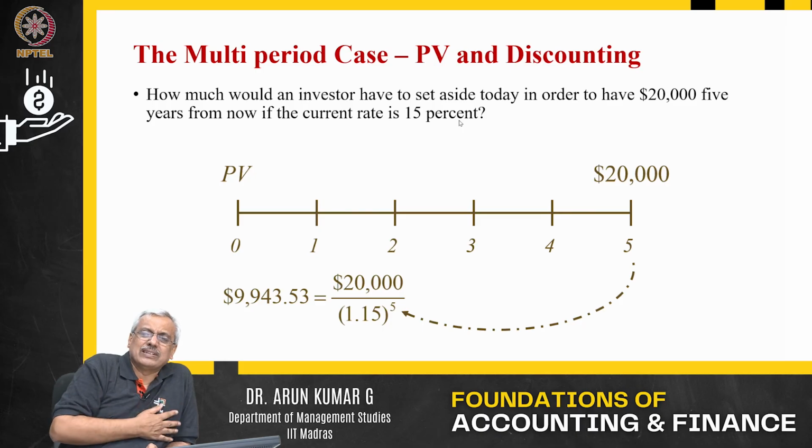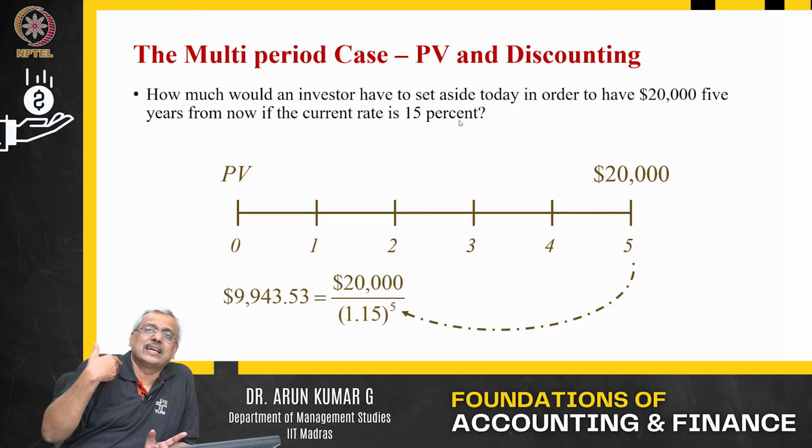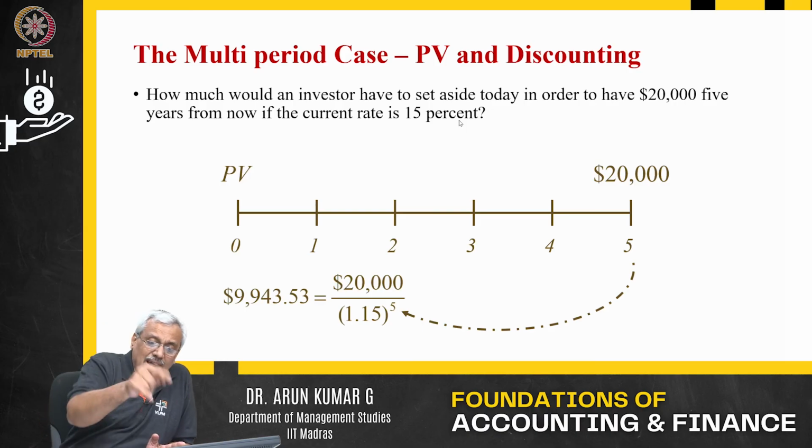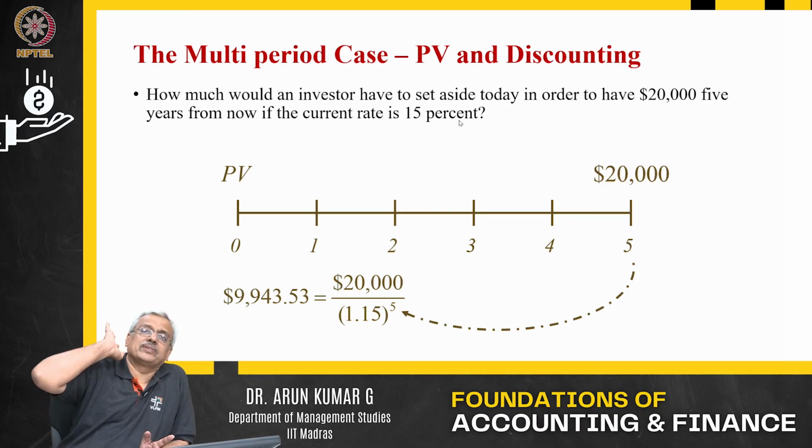So ideally, this is your threshold. If your expected return is 15%, you can say the maximum I can bargain is up to this point. Anything lower than that I will take, because it is gainful for me. My cutoff point will be 9,943.53 if my expected return is 15%.